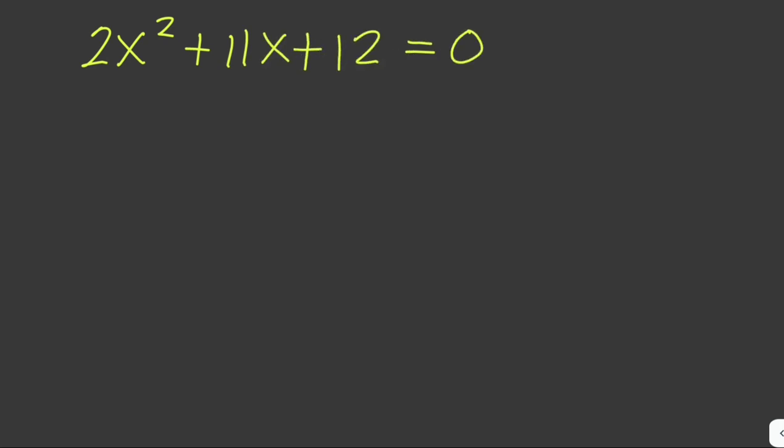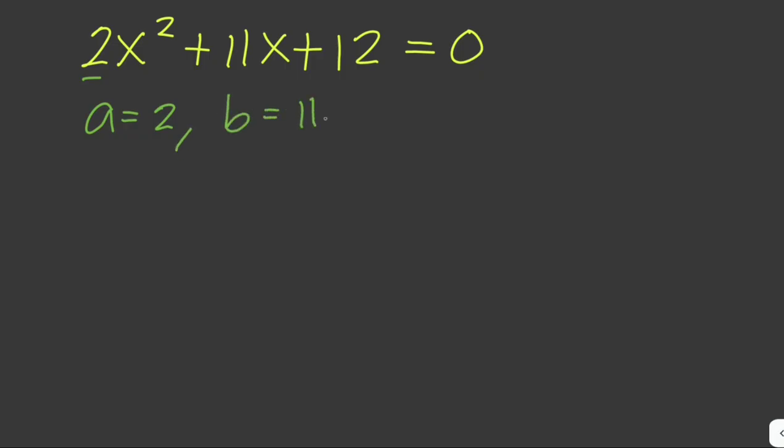Let's say we're given this quadratic equation: 2x squared plus 11x plus 12 equals 0. Take note here that A is equal to 2, which is greater than 1.